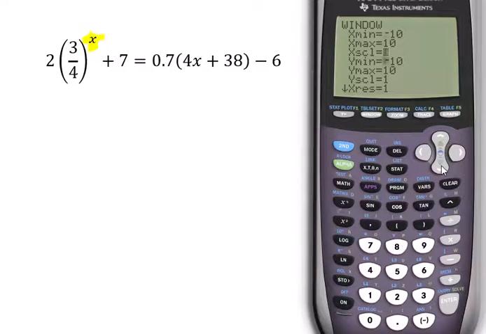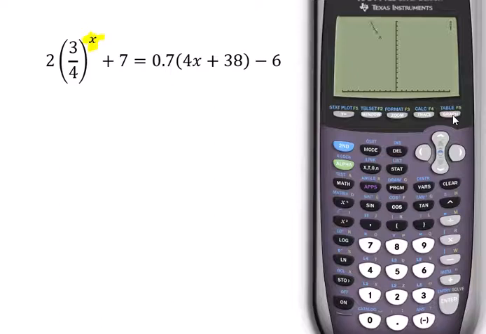I'm going to leave those alone. My y minimum, I could probably leave at -10, but I'm just going to make it 0 because I don't think they're intersecting when y is negative. But I'm going to make this value, I'll try 15 the first time. I may want to go higher than that, but it's going to give me 5 extra units. Let's hit the graph now and see what we've got.